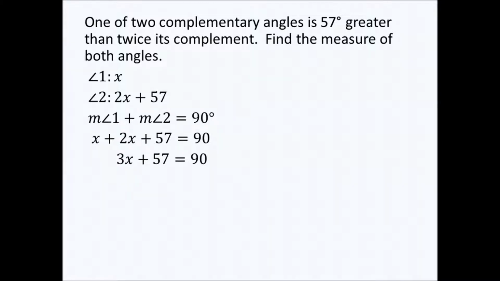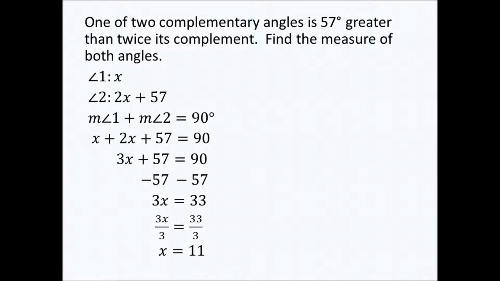Now we're going to subtract 57 from both sides. Therefore, 3x equals 33. The next step is to divide both sides by 3. 3x divided by 3 equals 33 divided by 3. 3x divided by 3 equals x. 33 divided by 3 equals 11.